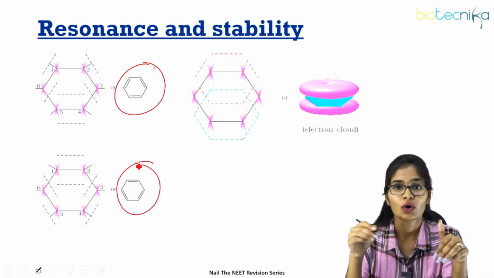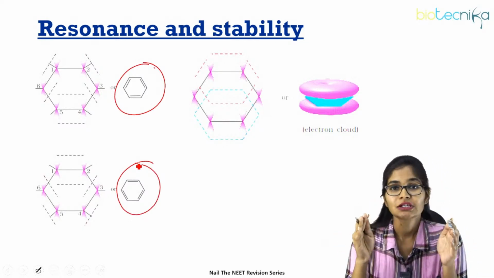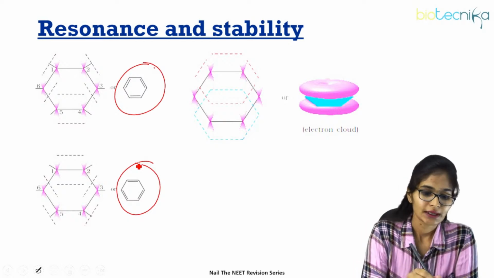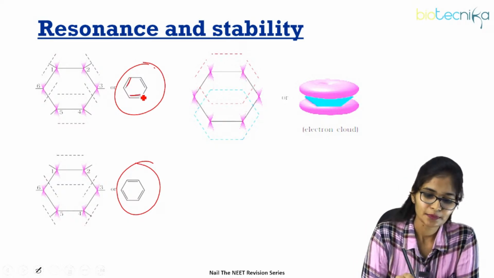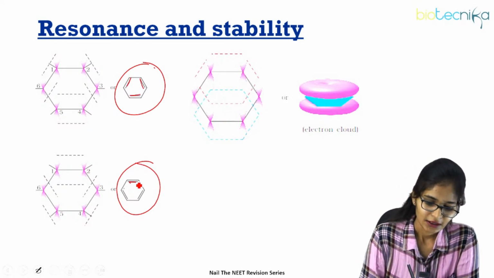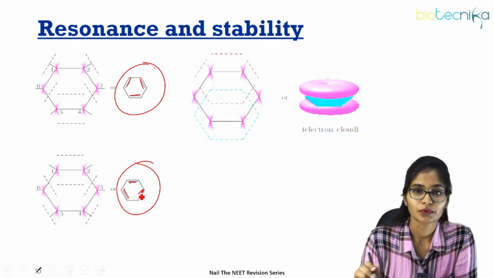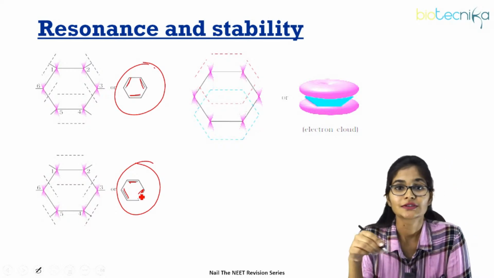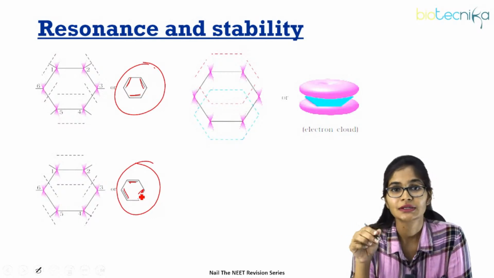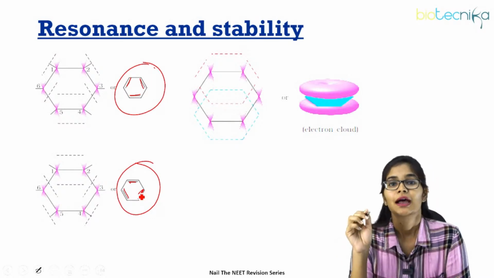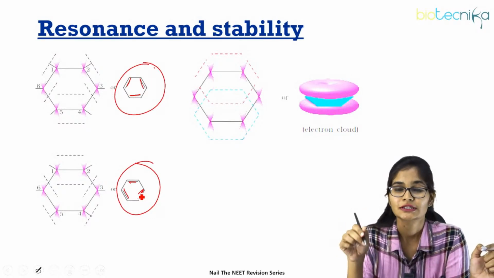All over you are concentrating on the electron distribution inside the ring. That's why these pi bonds are shown differently with respect to their positions, and we can say they are resonance hybrids. It was first derived by Kekulé, who gave its resonance hybrid structure.